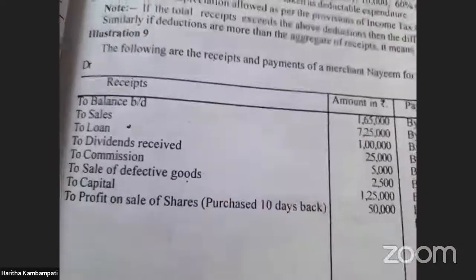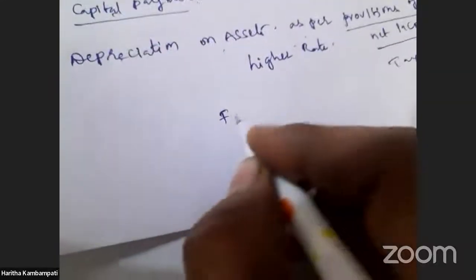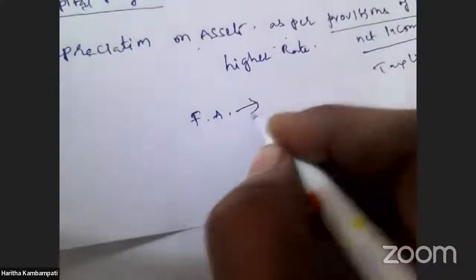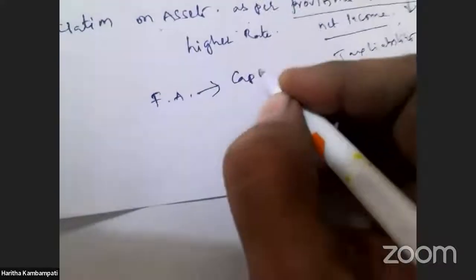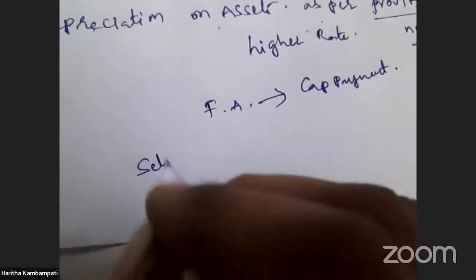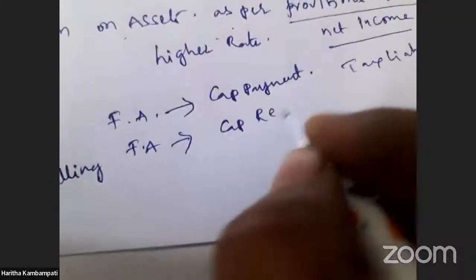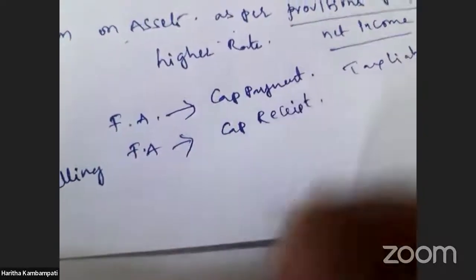Purchasing any fixed asset is considered a capital payment. When you are selling or disposing of the same fixed asset, you can consider that as a capital receipt.